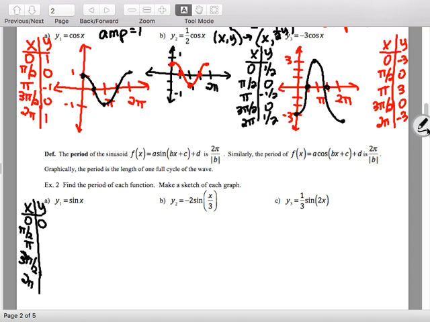So sine starts at 0, 1, 0, negative 1, 0. The amplitude is 1 on this one. So here's my parent function.